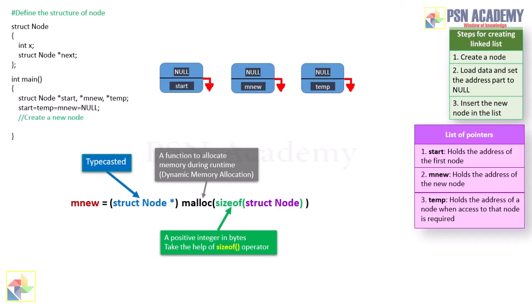So we create a node and we just write this code over here. I hope it's clear until now. You may pause the video for a moment to make this whole thing clear to you.